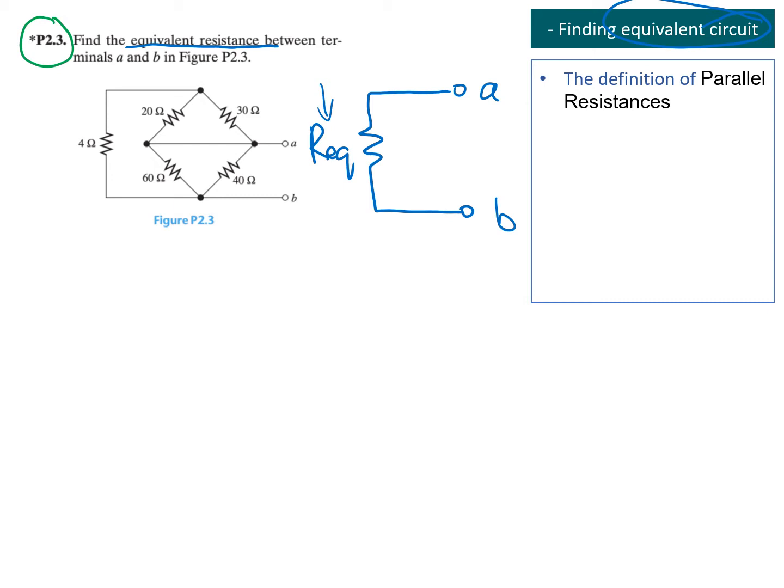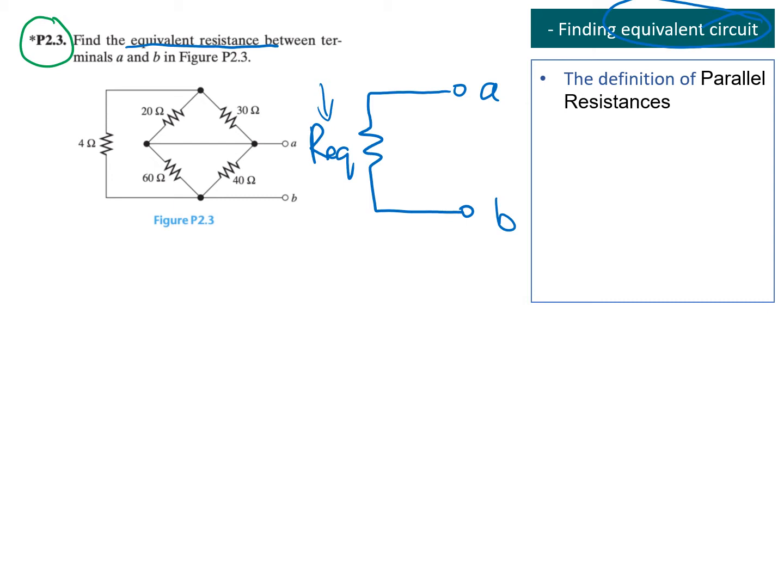If we want to find equivalent resistor, it's most important to keep in mind the definition of parallel resistance. So what does it mean that two resistors are connected in parallel?